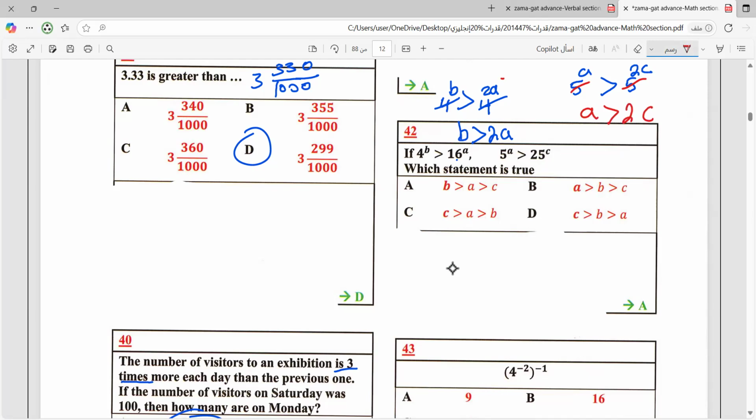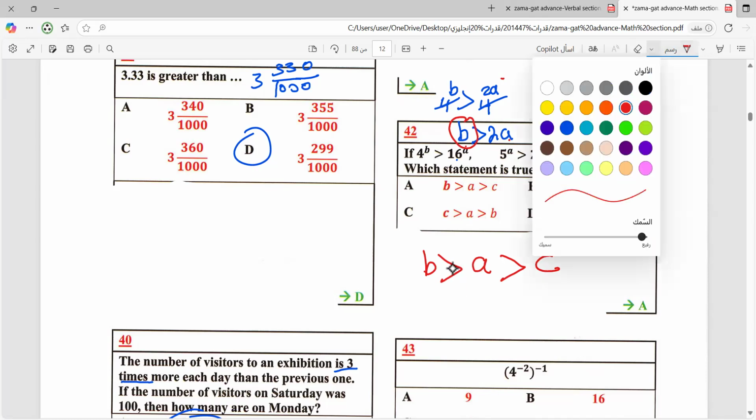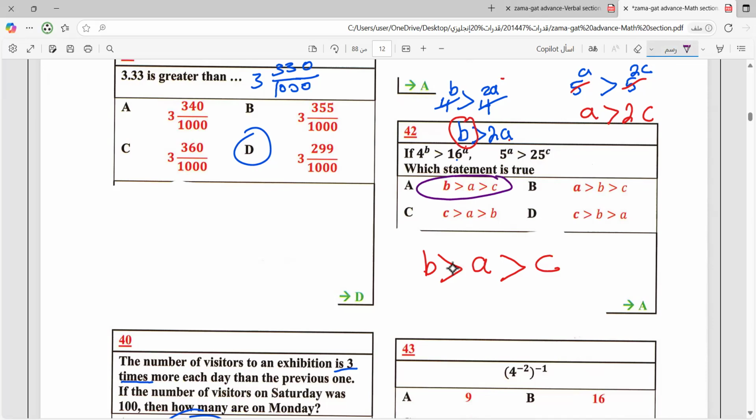So look, which one is the greatest? I think it is b, because b is greater than a, and a is greater than c. So b will be the greatest, then a, then the last one is c. Which answer, my student, here? It's A.